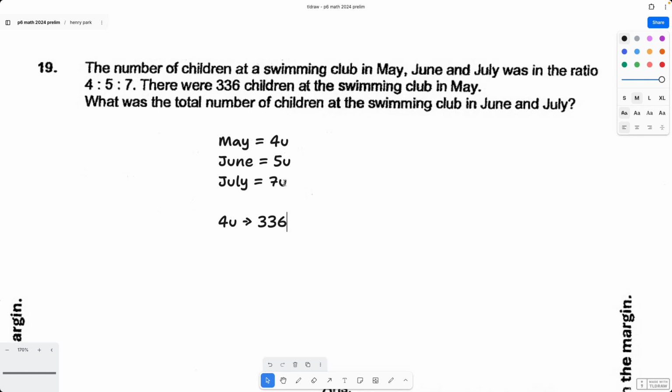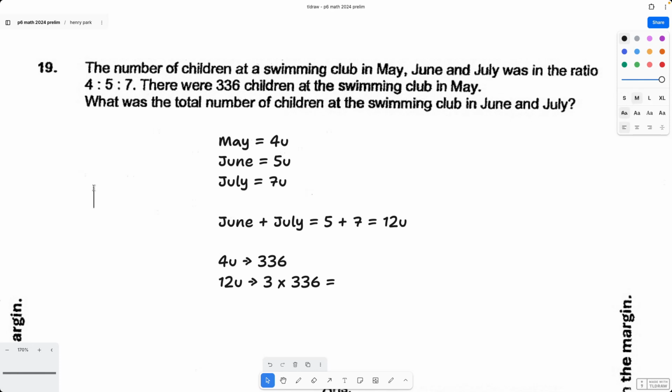Then we want to know June and July. June plus July is 5 plus 7, equal to 12 units. So 12 units is basically 3 times 336.